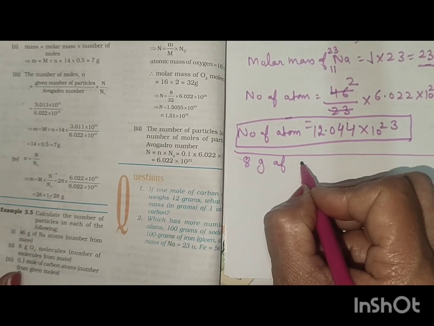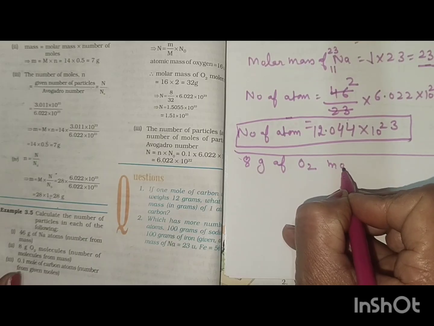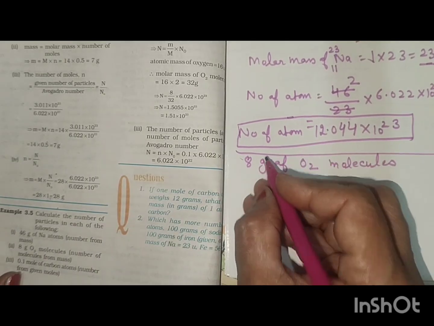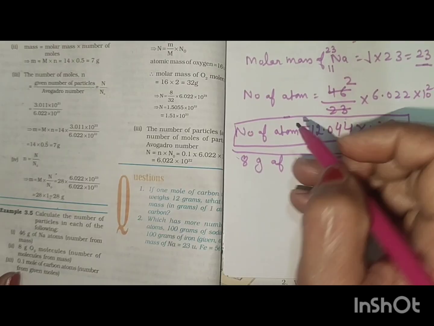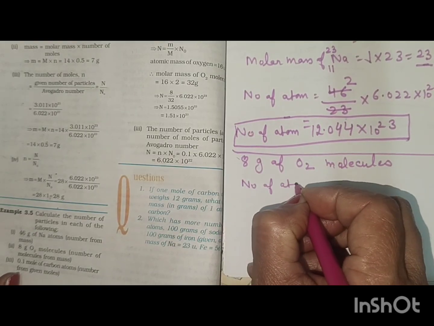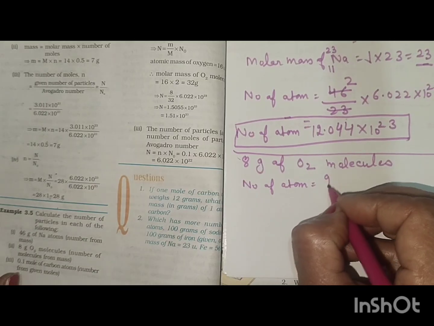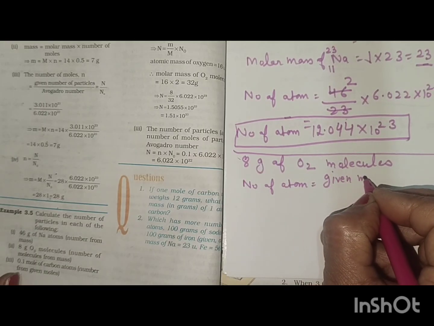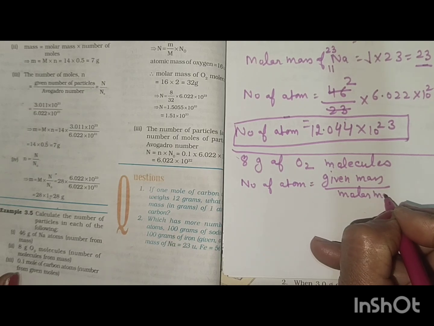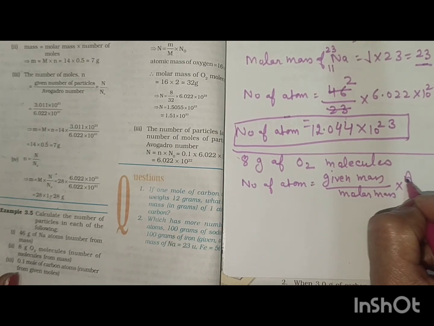8 gram of oxygen molecule. Now, similar formula: number of atoms is equal to given mass by molar mass into Avogadro number.